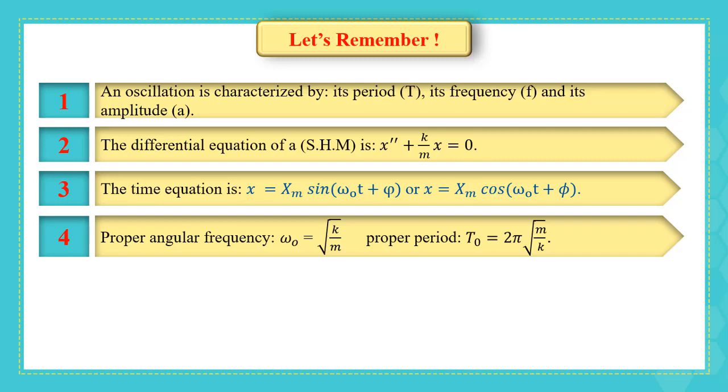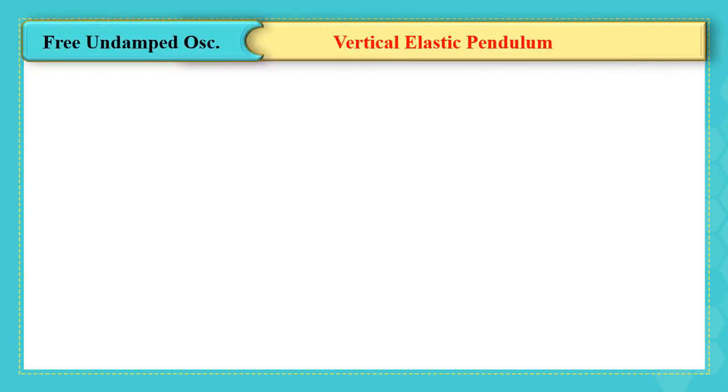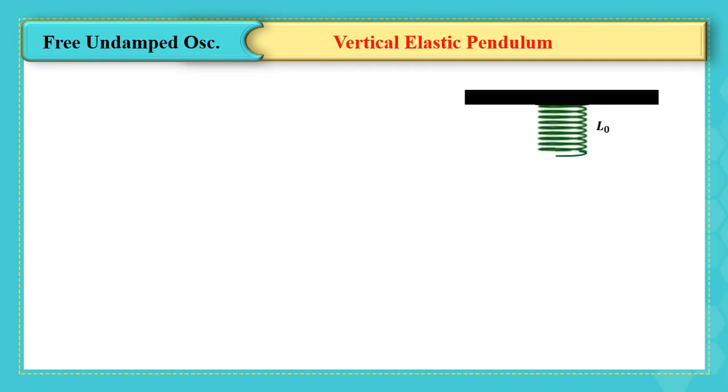To start explaining the vertical elastic pendulum, we are going first to consider an oscillator formed of a spring of negligible mass and natural length L0, suspended from a fixed point A, while its other end carries a particle S of mass m.